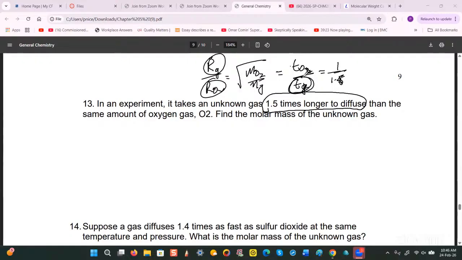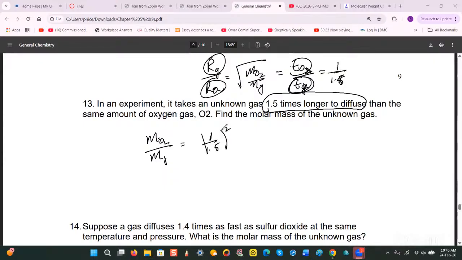Because the time of effusion here is 1.5 times that of the oxygen. So now, to find the molar mass, we're going to square both sides again, but this time it's going to be M_O2 divided by M_G is equal to 1 over 1.5 squared.